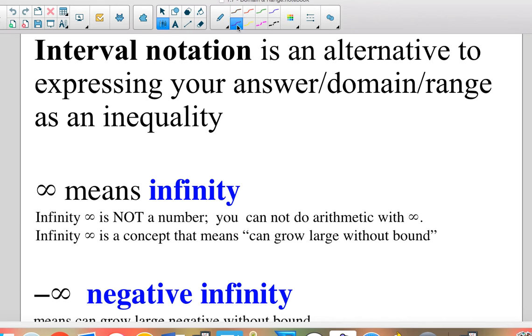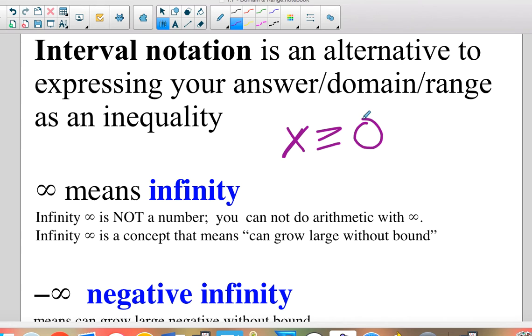So before, you probably had something like x is greater than or equal to 0. That's expressing an inequality. It means all your x values have to be bigger than or equal to 0. We're not going to use that anymore.